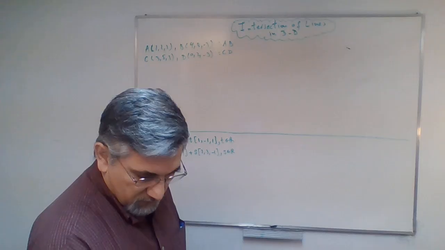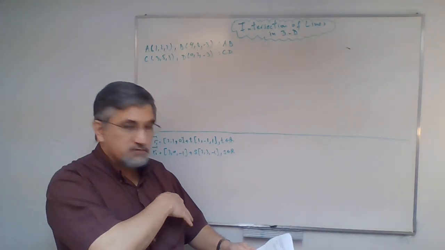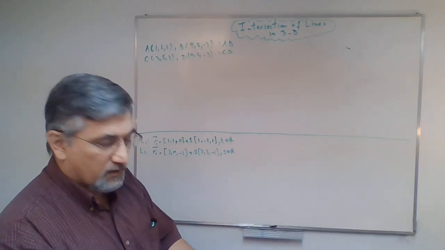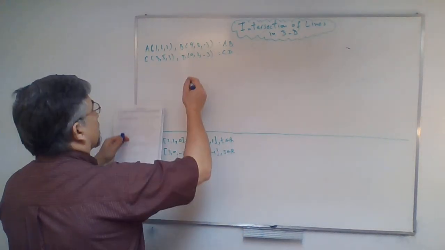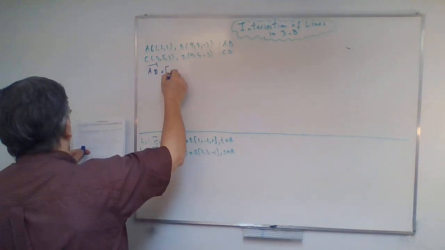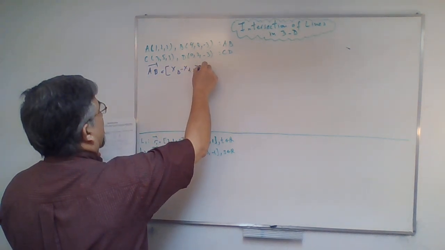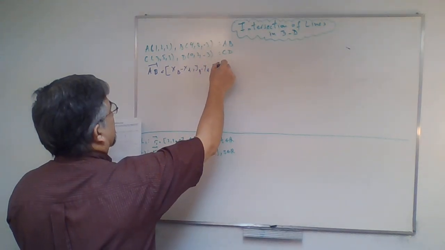All right, so the first thing we do without hesitation is to find the direction vectors of these lines, obviously. So I'm going to find direction vector AB, which is x of b minus x of a, y of b minus y of a, z of b minus z of a.